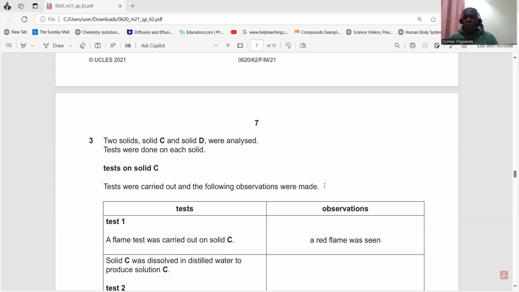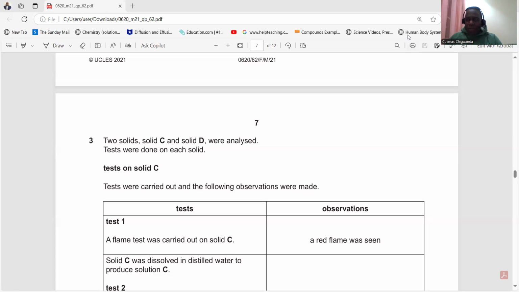So you need to know that whenever we are told that a flame test was carried out on solid C and a red flame was seen, they have already told you indirectly that the cation present here is lithium. Remembering that all salts are made up of two parts, the cation part and the anionic part, for solid C we already know that the red flame was seen, so what we have here is lithium.